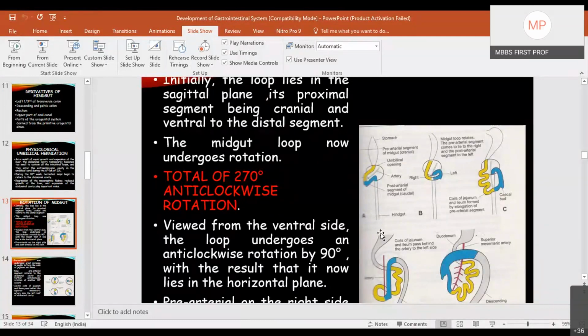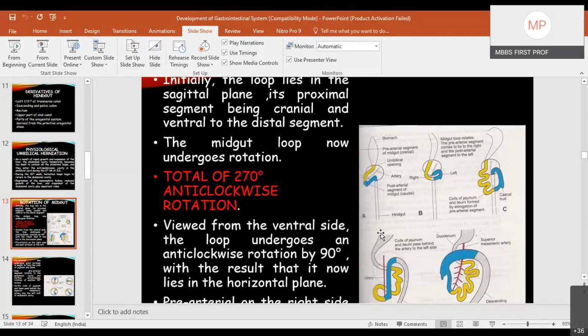Now this post-arterial segment ये ऐसे ही रह गया, हमें उसको अडल्ट फॉर्म में लाना है. कैसे आएगा वो? अगेन एक 90-degree का टर्न आएगा और वो ऐसे करके वो सामने आ जाएगा. ये मेरी साइड से आप देख रहे हैं, मे बी इतना क्लियर ना हो, but still you can assume.